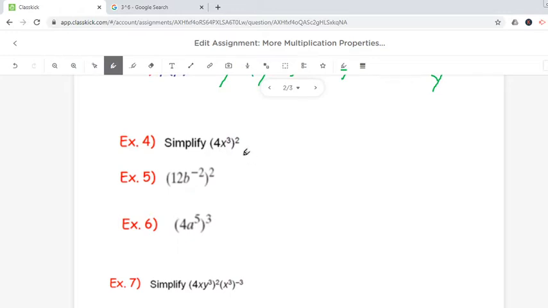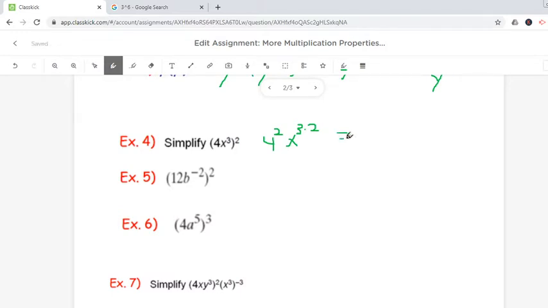Simplify. We have an exponent outside of the parentheses, so we multiply. And we multiply also by the 4, because this is the whole product. So we have 4 squared, and then x to the third times 2.